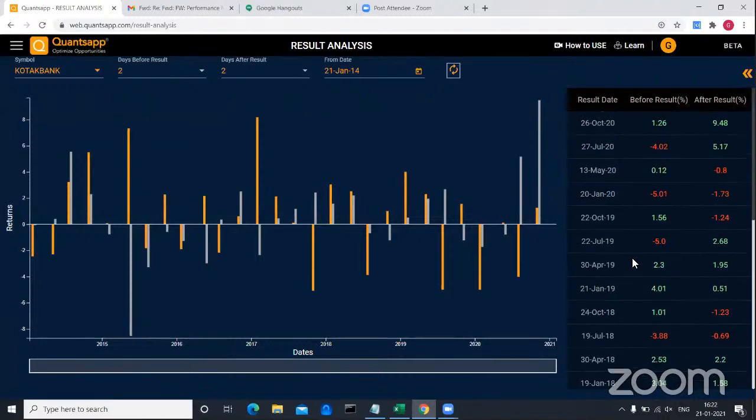Then you can see that on 22 July 2019, before the result it was 5% down in 2 days, and 2 days after the result it went up almost 2.5%. Similarly, the last one, on 27 July 2020, 2 days before the result it was 4% down, and after the result it went 5% up. So you can analyze and set up your strategies from here. Now you can see how the stock has moved before and after the result, and what its performance was.